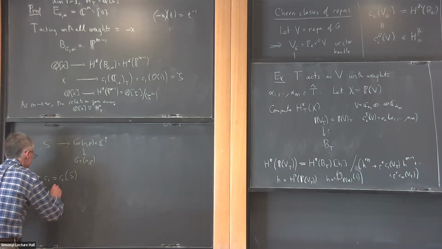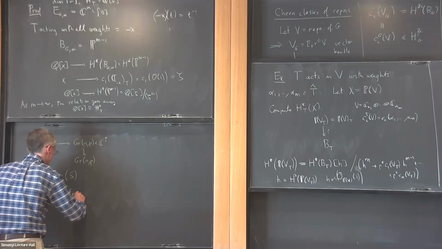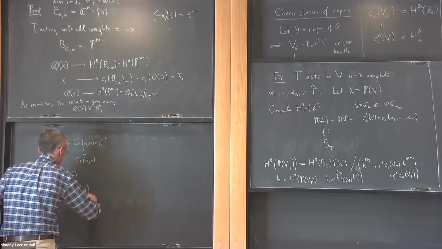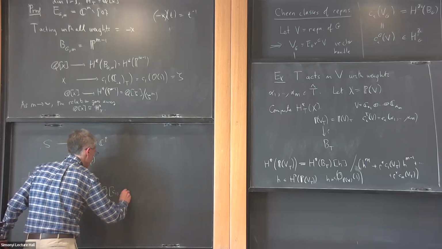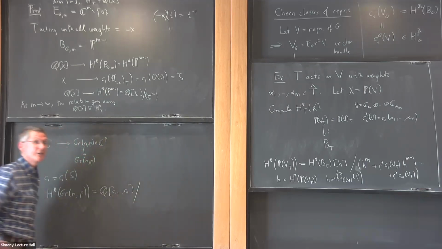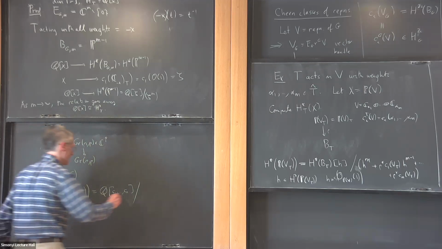So then H star of the Grassmannian of n in P is equal to Q of C1 up to Cn modulo some relations. The relations all occur in degrees at least P minus n plus 1.